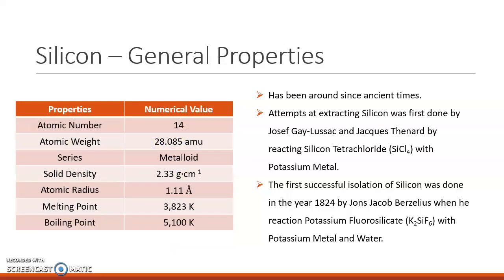As seen on the table on the slide, silicon is a metalloid having an atomic number of 14, an atomic weight of 28.1, a density of 2.33 grams per cubic centimeter, an atomic radius of 1.11 angstrom, and melting and boiling points of 3,823 and 5,100 Kelvin, respectively.